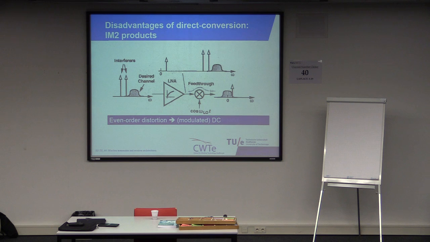Now, if I take my input signal here and I invert that, right? So I make this times -1. And at the output, I subtract them again. What happens is that the second order distortion here and the second order distortion there, they're the same, right?